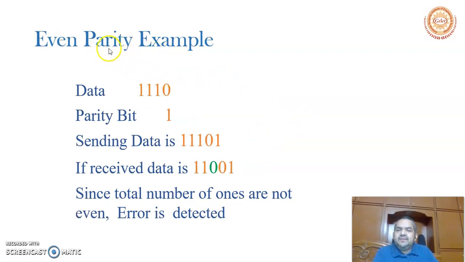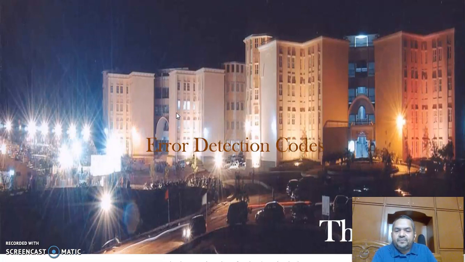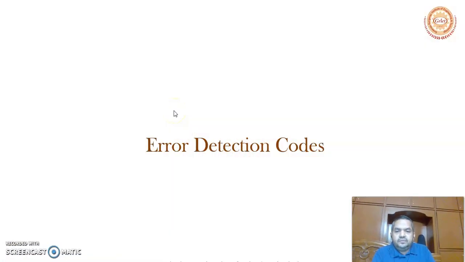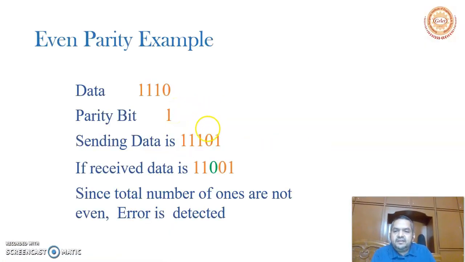Similarly, if the method is the even parity method, for example, my data is 1110, the parity bit is 1, then I am sending data 11101. If the receiver end is 11001, I will say yes, there is an error because, including the parity bit, the total number of ones is odd here.